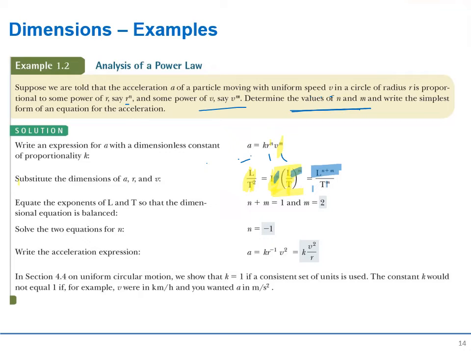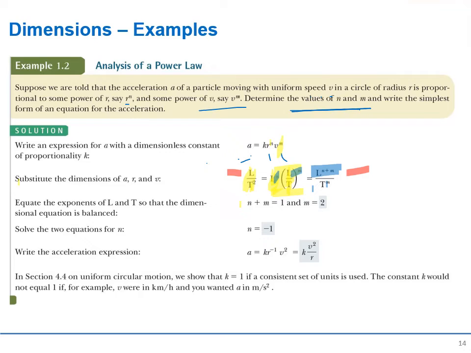So now what we can do is equate the powers of the same quantities on both sides. For length, n plus m equals 1, because on this side L has a power 1, and on the other side L has a power n plus m.